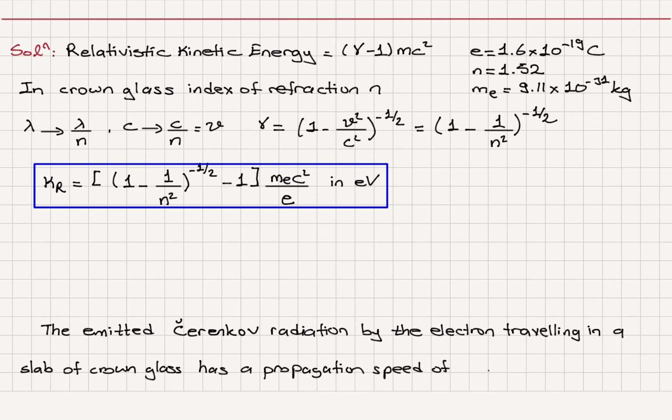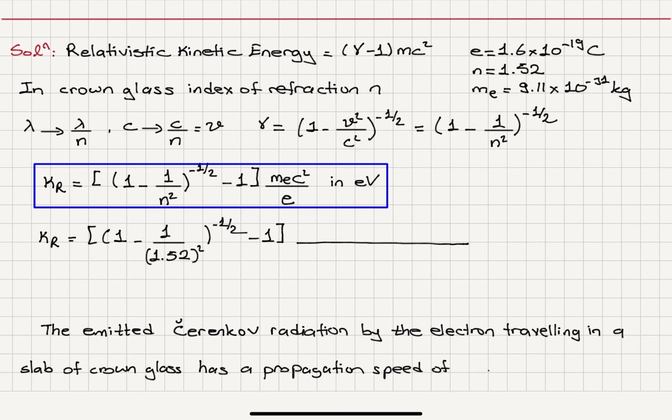Okay, so if we plug in the numbers, the relativistic kinetic energy is 1 minus 1 over 1.52 squared, to the power minus 1 over 2, minus 1, that's gamma minus 1.